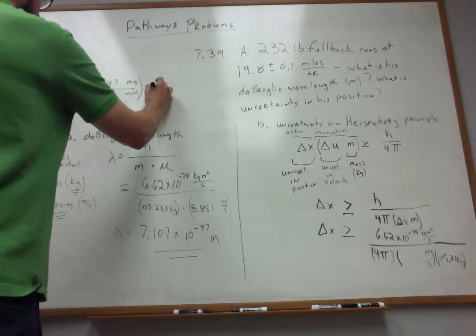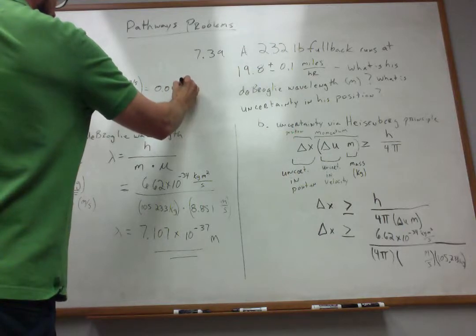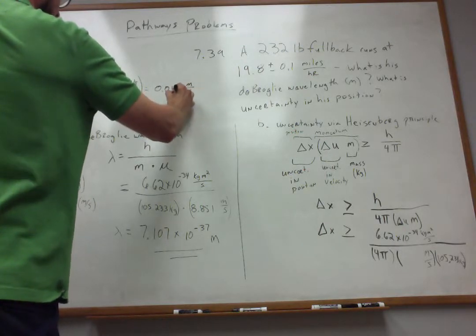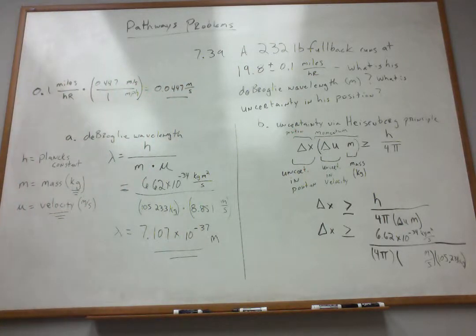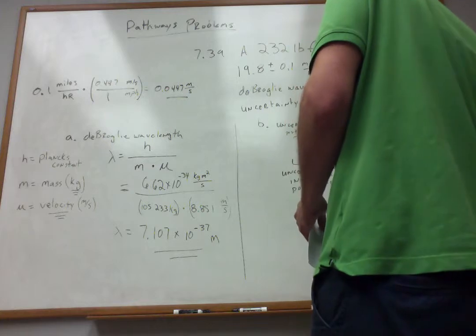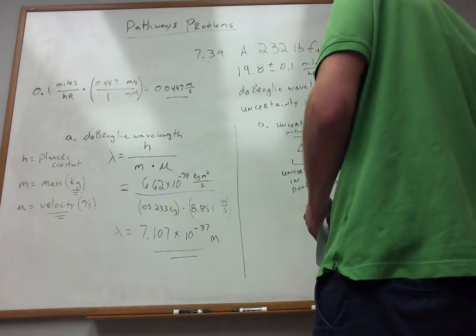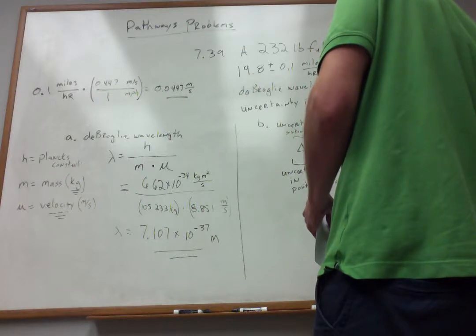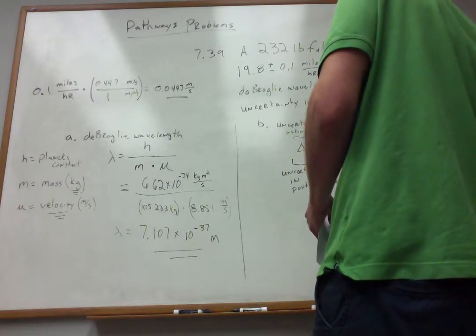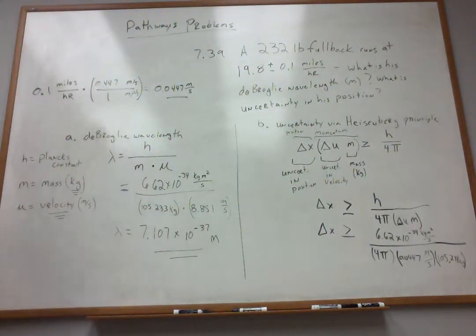It looks like it's going to be 0.0447 meters per second as a result of this calculation. That number then goes over here. 0.0447 meters per second. All right, everybody see where I got those terms?